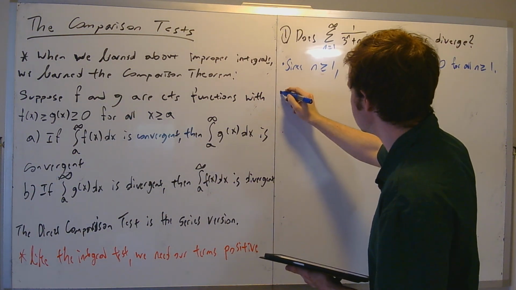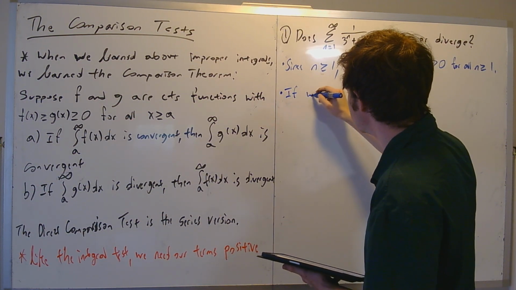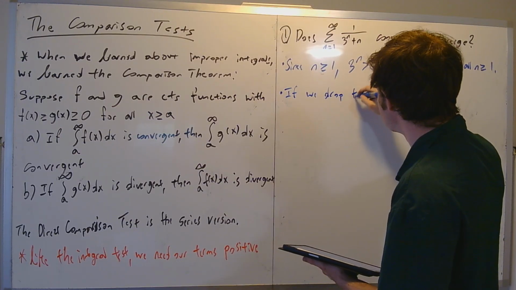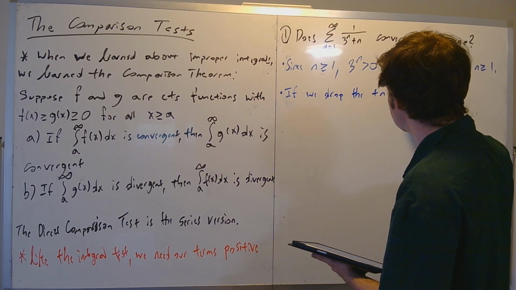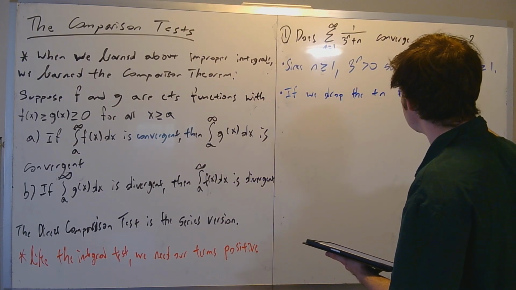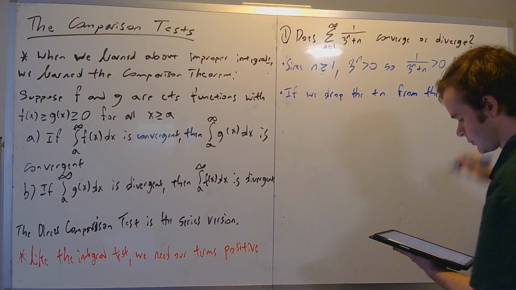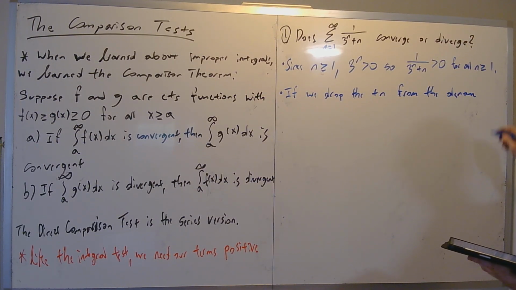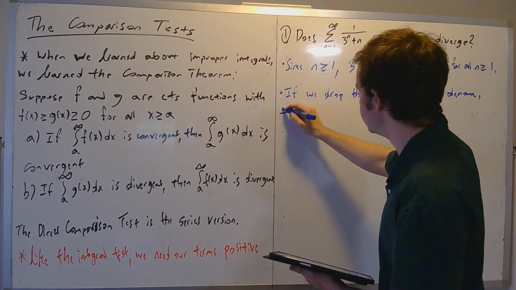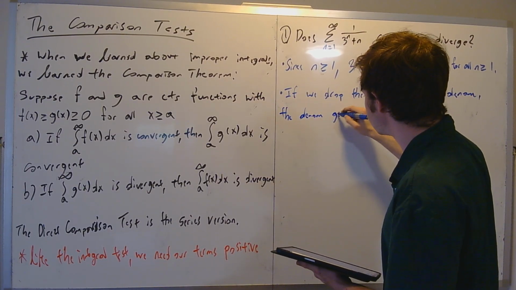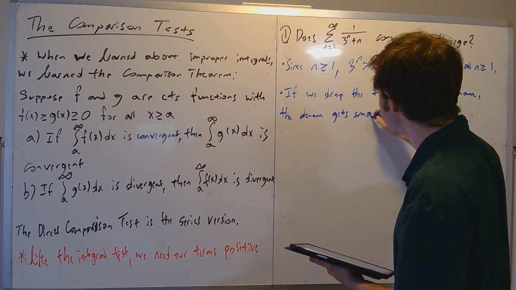The next thing to notice here is if we drop the plus n from the denominator, the denominator gets smaller.